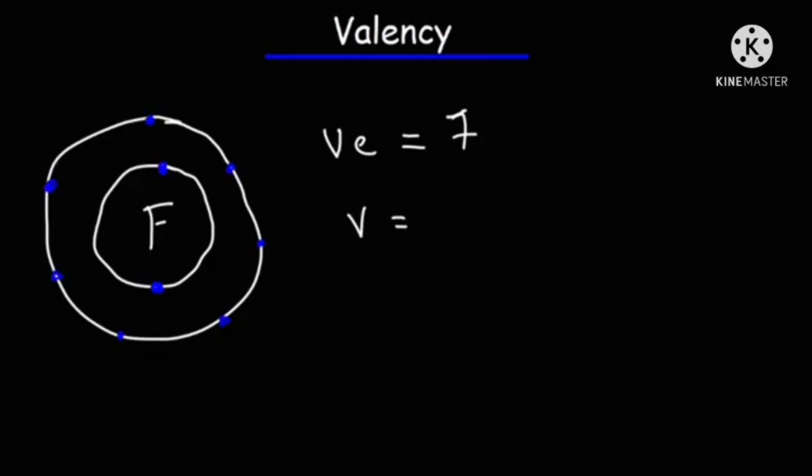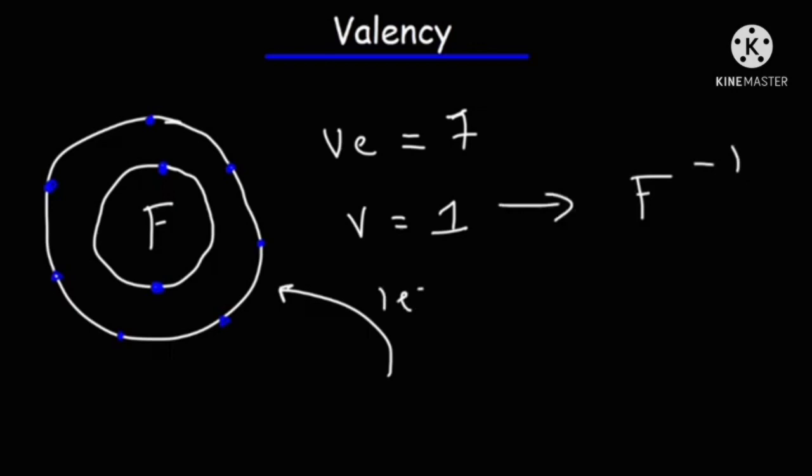You know, valence electrons means the electrons in the outermost shell. Okay? Now what is the valency? In order to gain stability it has to acquire one more electron in the outermost orbit.